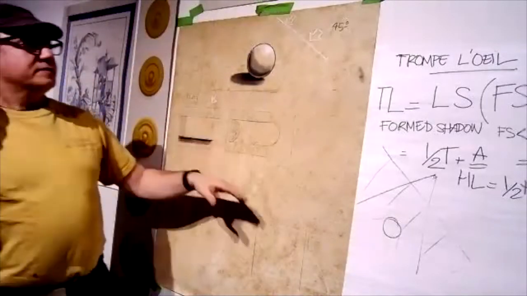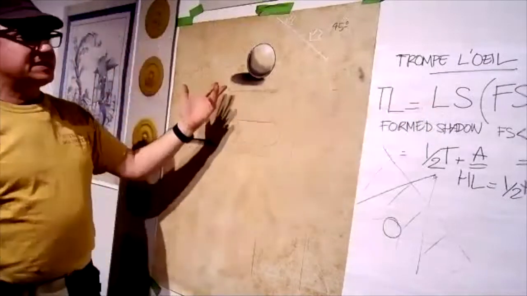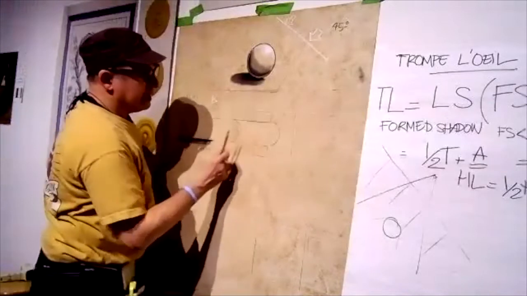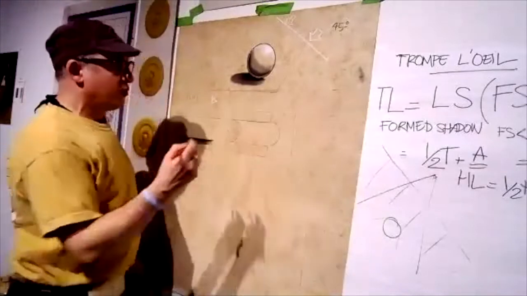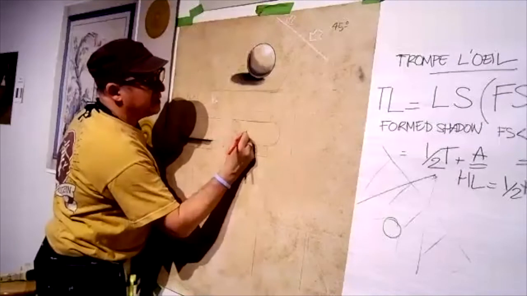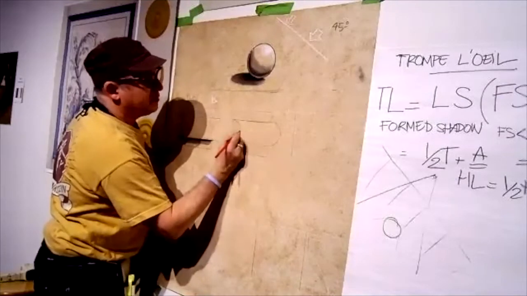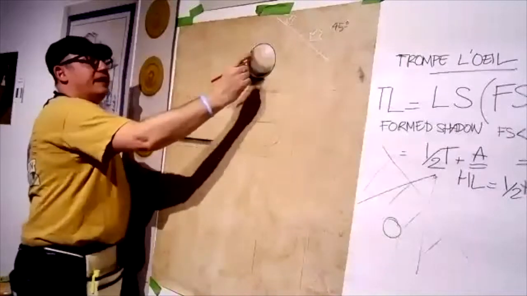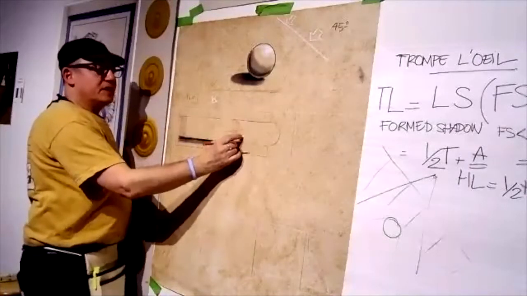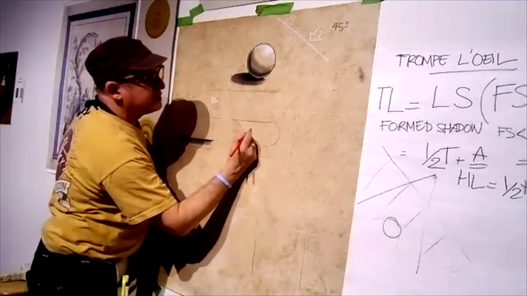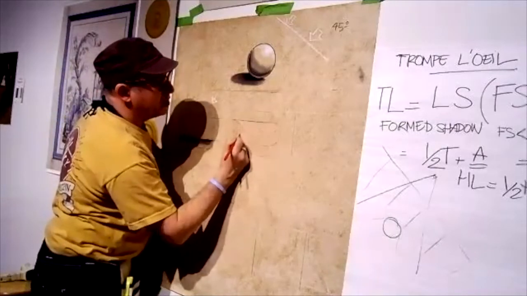Okay, so again, light source, we keep it the same. Form shadow. So now the form shadow is, this is very, very important. This is the middle here that I'm doing a red line. I'm not doing it so visible so it wouldn't impair the design, but that's the highest point. And what you want to do is preserve about a third of that highest point untouched.